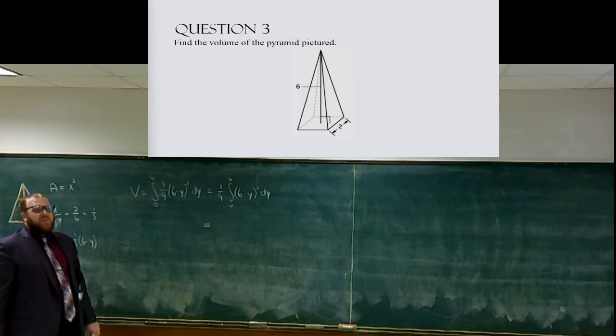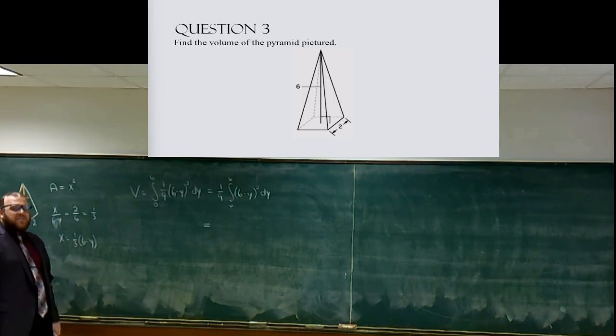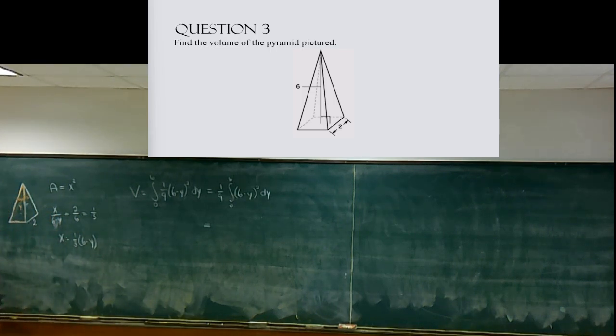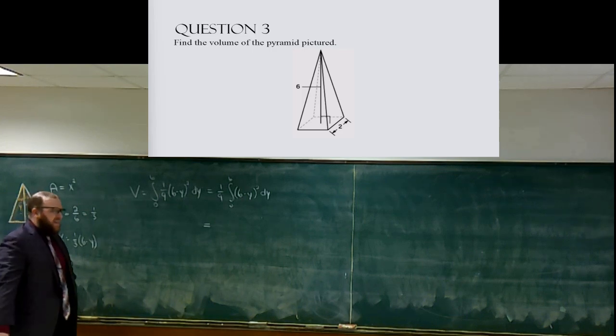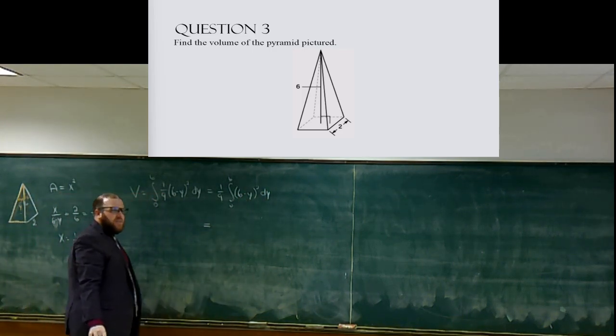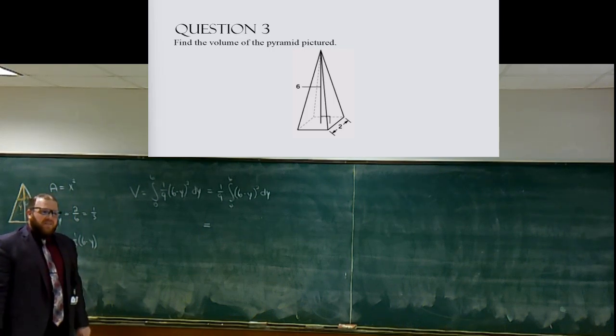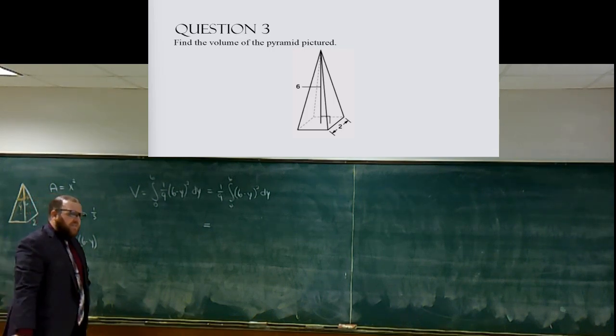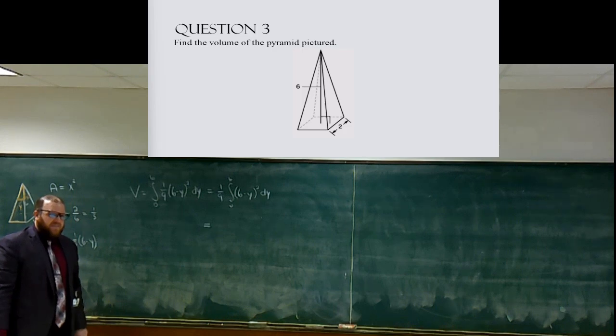Let 6 minus y be u. What's du? I'm just saying u is 6 minus y, so the quantity squared is u squared.